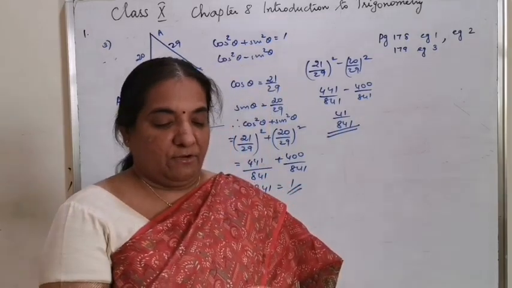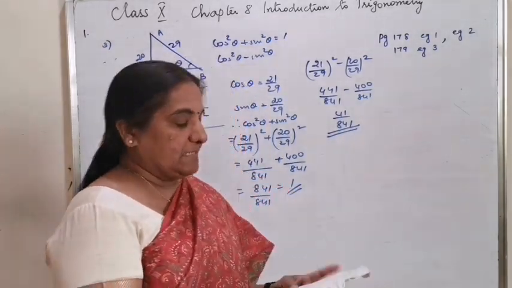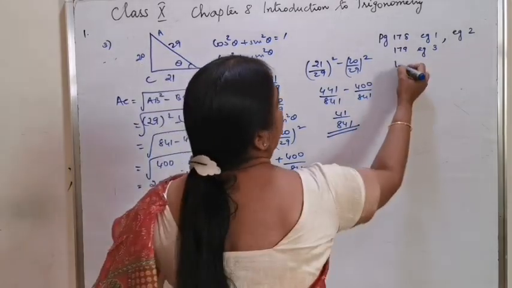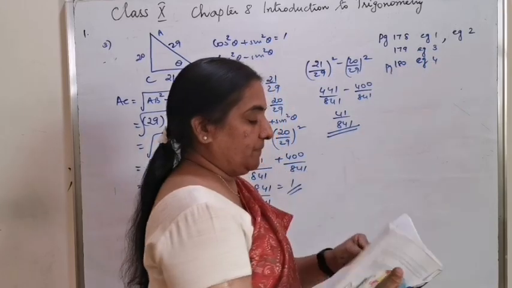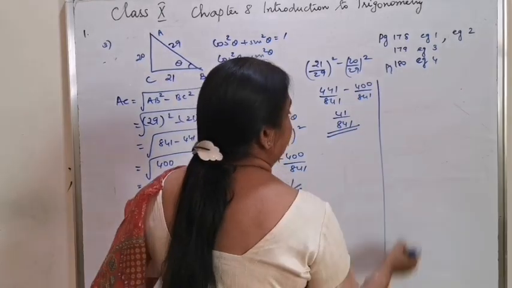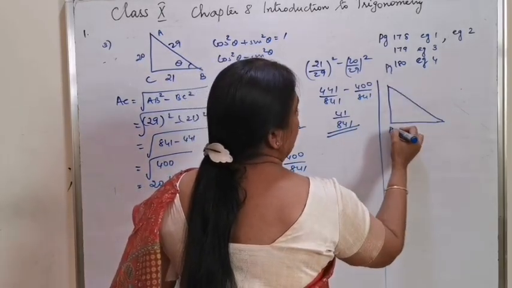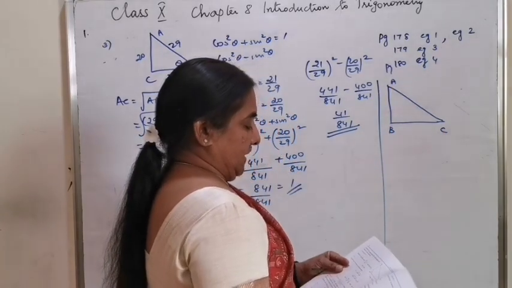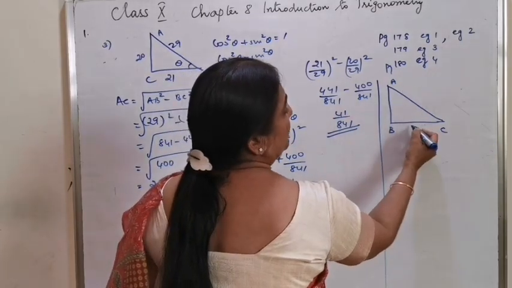Worked out example 4, page number 180. In triangle ABC right angled at B, tan A is equal to 1.